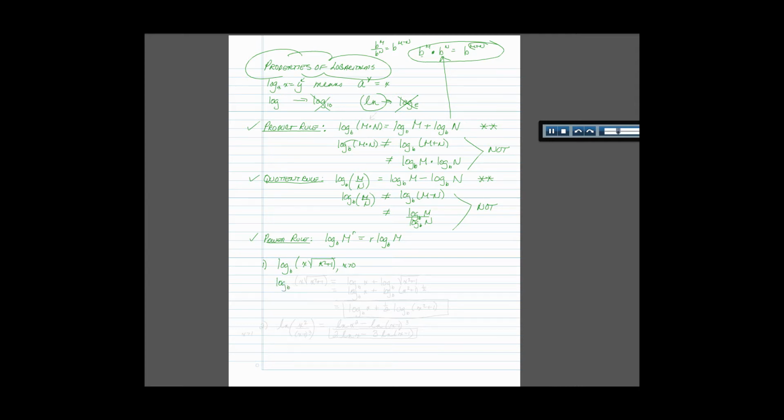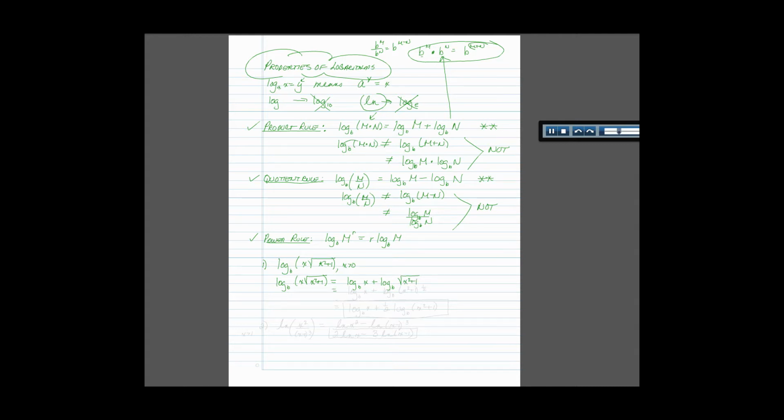Log base b of x times square root of x squared plus 1. First off, I notice I'm taking the log of two things that are multiplied together, so I'm thinking product rule. So I'm going to say that's equal to the log base b of x plus the log base b of x squared plus 1, radical x squared plus 1.